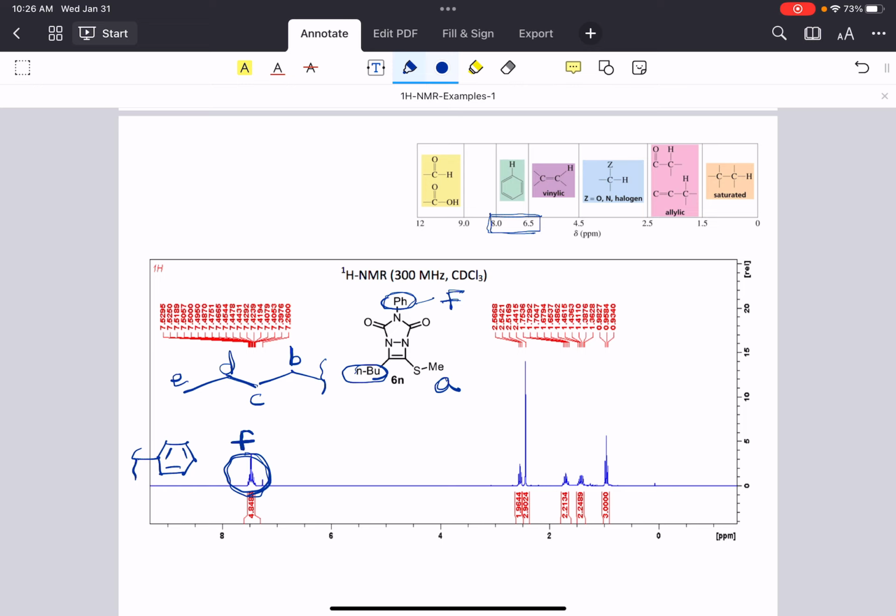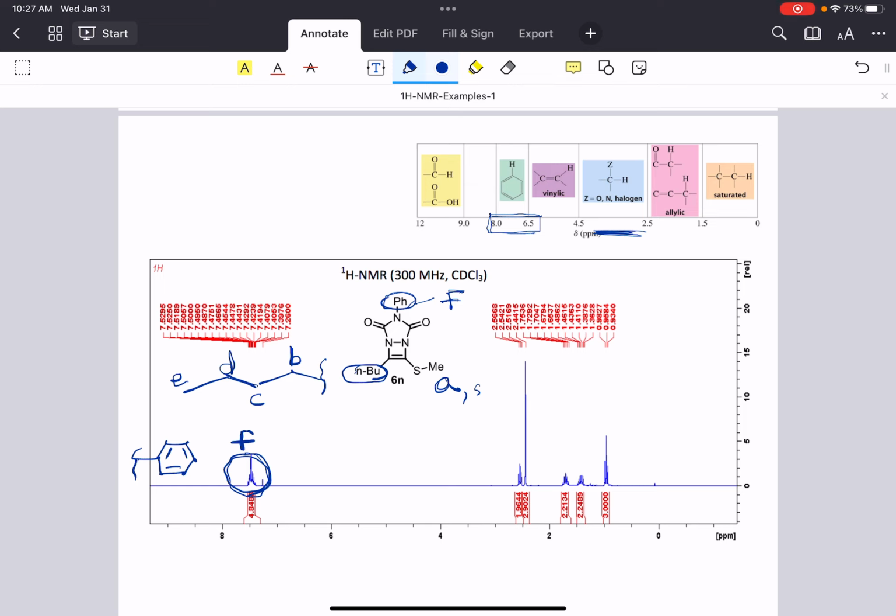All right, next up the next easiest one to pick out is signal A that sits on the sulfur. We would expect it to be relatively far downfield because it's attached to a heteroatom, so it should be in that range of 2.5 to 4. Because that CH3 doesn't have any neighbors on the neighboring atom, we're going to expect it to be a singlet, right?